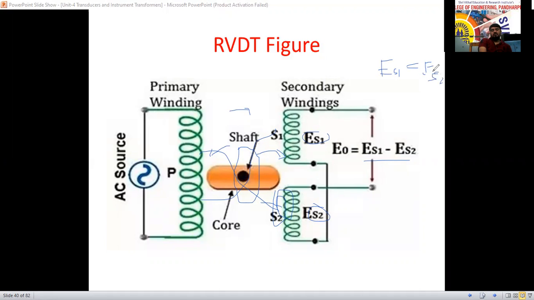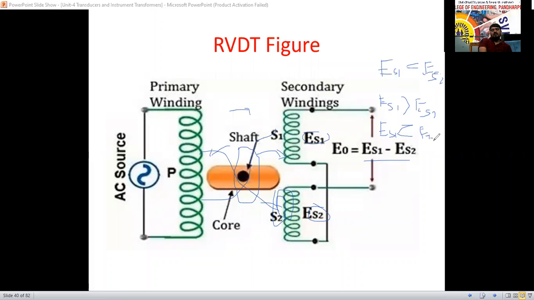That is called the null position. Second, ES1 is greater than ES2, and third, ES1 is less than ES2. Now three conditions we are going to consider.